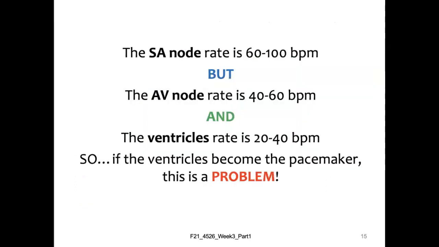As I've said before, the SA node is the pacemaker cell, and the SA node sets the rate of the heart at 60 to 100 beats a minute. But if it gets knocked out, then the AV node picks up, and you have their rate at 40 to 60 beats a minute, and the ventricle's rate is 20 to 40 beats per minute. So, if the ventricles become the pacemaker, this is a problem.